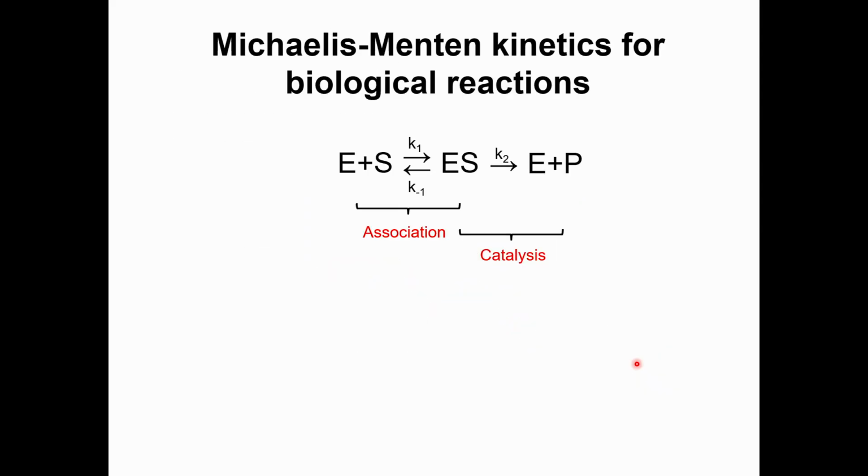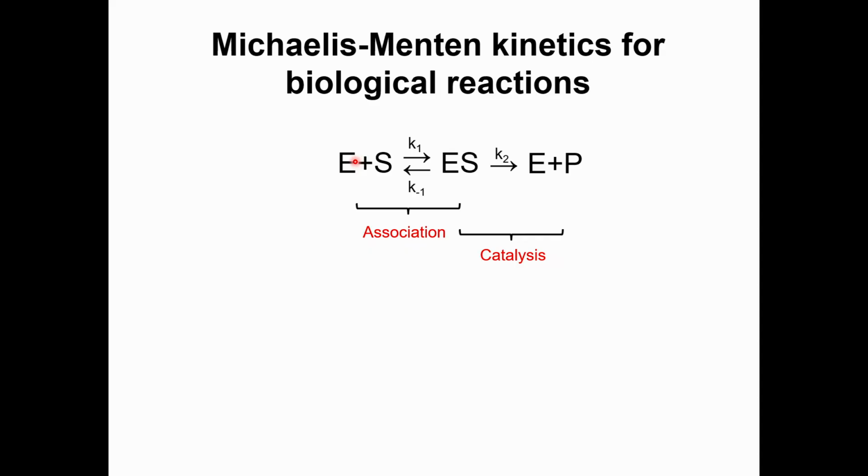So there is a famous area of biochemistry called Michaelis-Menten kinetics, which I'm not going to go into any great detail on here. But if you think about it, these are the steps of what has to happen for a chemical reaction to occur. You have an enzyme and a substrate. Remember, that's the reactants.